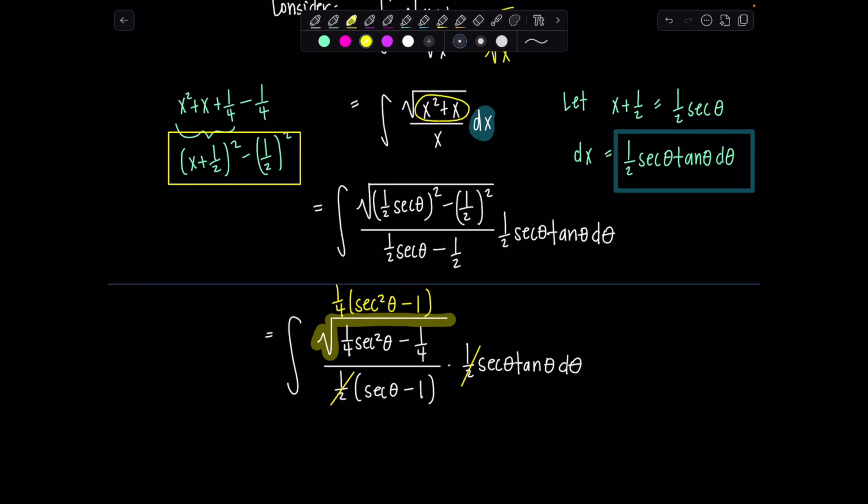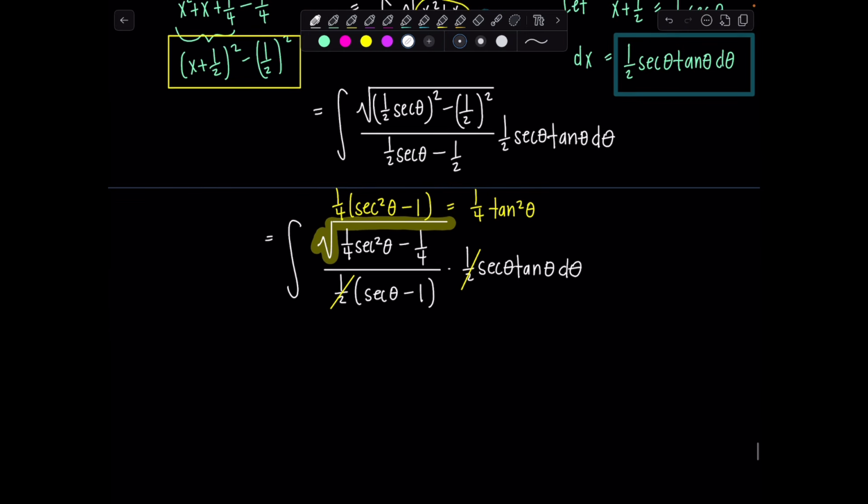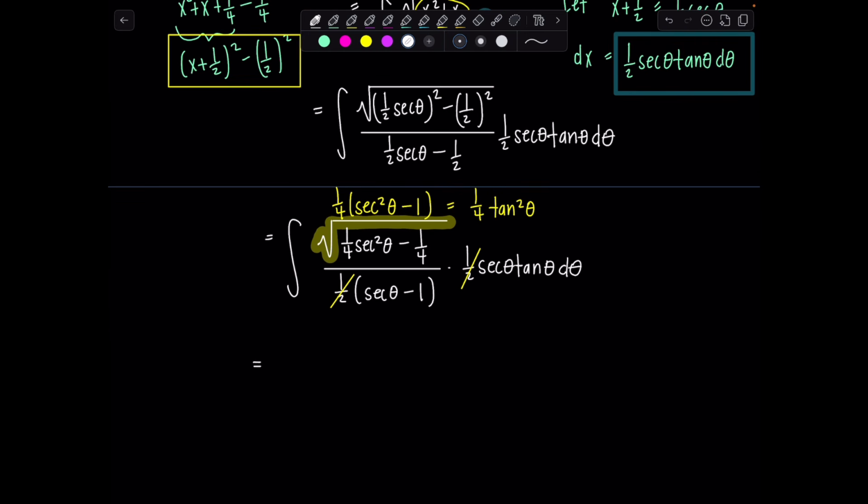So this 1/4 secant squared theta minus 1 is 1/4 tan squared theta. I take the square root of that. We don't have to worry about absolute value on tan theta because we've restricted where theta is when we trig sub. The square root of 1/4 is 1/2, and I put that outside. I've just got tan theta to the first now, over secant theta minus 1, and then I've got that secant theta tan theta d theta hanging out.